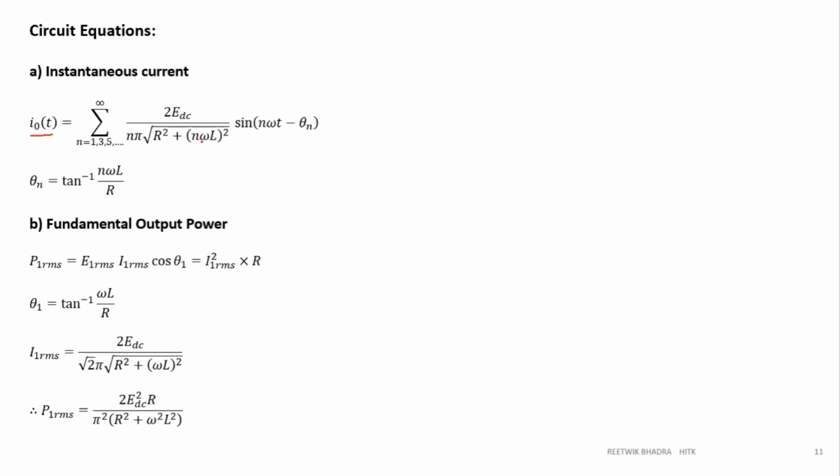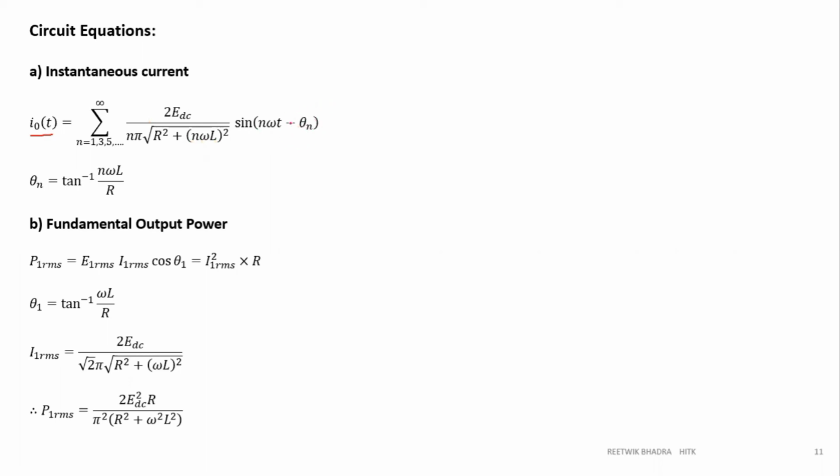N will change because there is omega over here, 2 pi f. According to the change of harmonics, your frequency will change. That's why N is included over here. If L was independent of frequency, we could have removed N. Sin N omega t minus theta n. What is theta n over here?